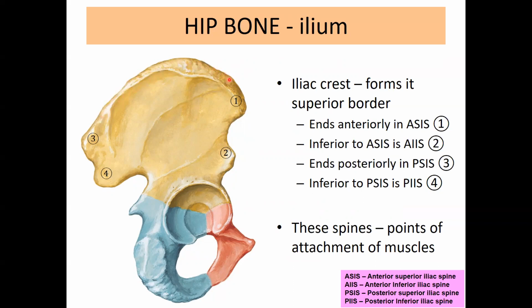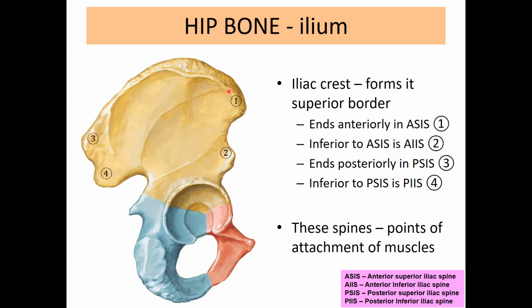At the anterior end of the iliac crest, there is the anterior superior iliac spine, ASIS. This tubercle is known as the anterior superior iliac spine. Posteriorly, at the posterior end of the iliac crest, there is a structure called the posterior superior iliac spine.